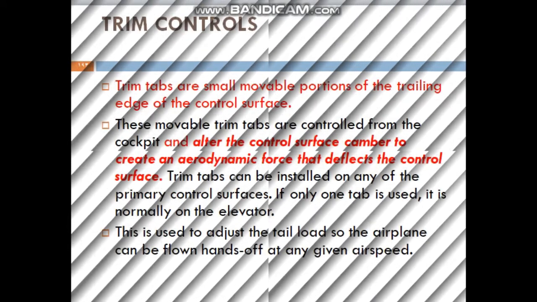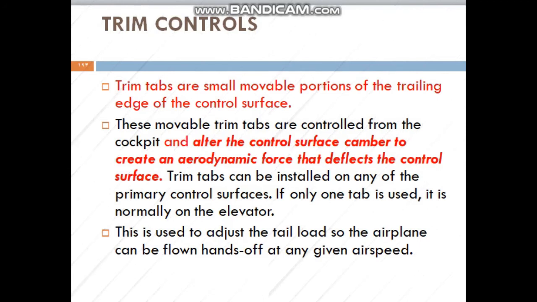At the beginning of this video, I will talk about the trim controls. The trim tabs are small movable portions of the trailing edge of the control surface. These movable trim tabs are controlled from the cockpit and alter the control surface camber to create an aerodynamic force that deflects the control surface.